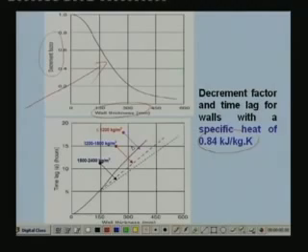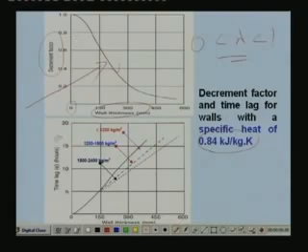You can see that the decrement factor is 1 when the thickness is 0. That means there is no wall, and the decrement factor is 1, and as the wall thickness increases, the decrement factor reduces. In general the decrement factor varies between 0 and 1. Thicker walls have lower decrement factors, thinner walls have higher decrement factors.